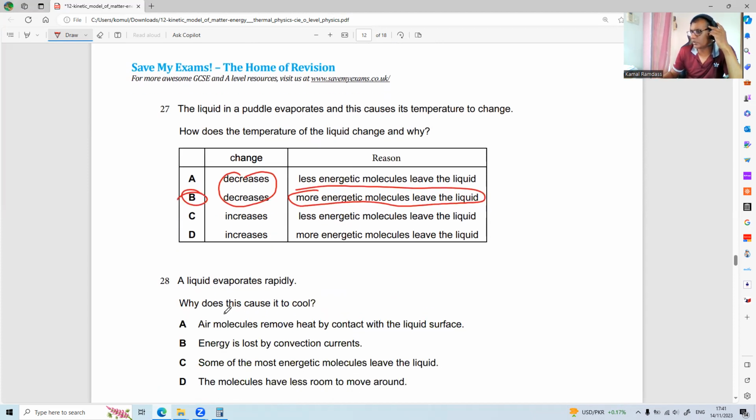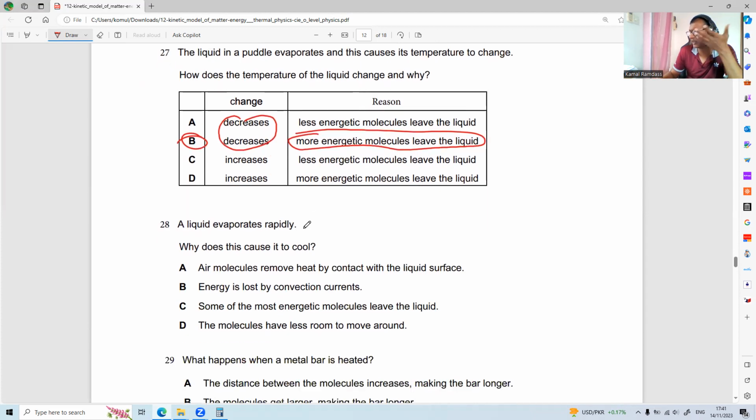Why does this cause it to cool? Some of the most energetic molecules leave the liquid. That's it. The liquid has less internal energy, so the temperature decreases.